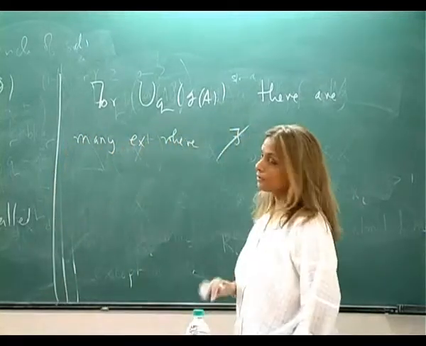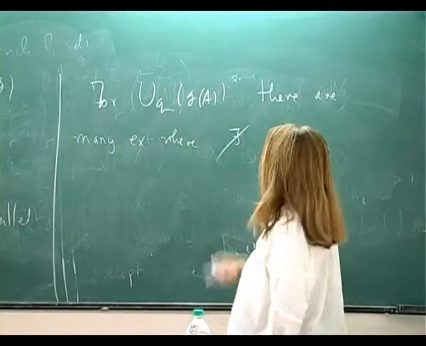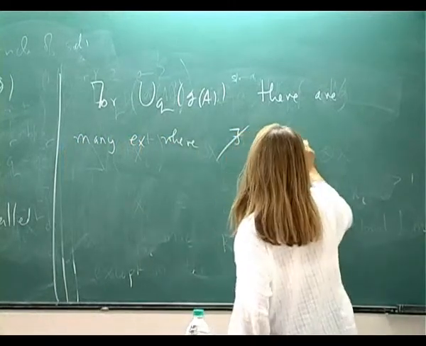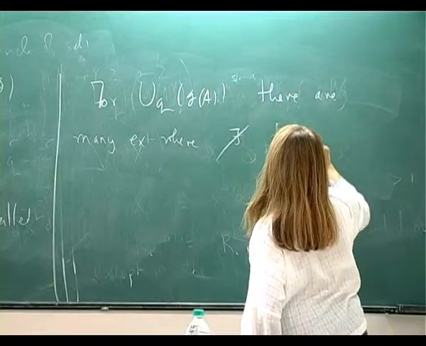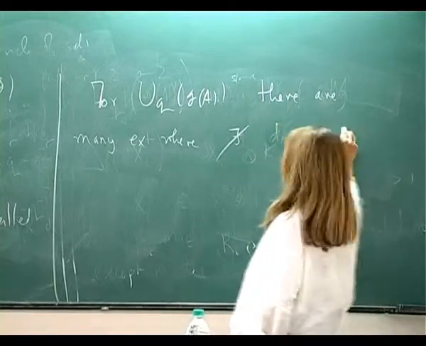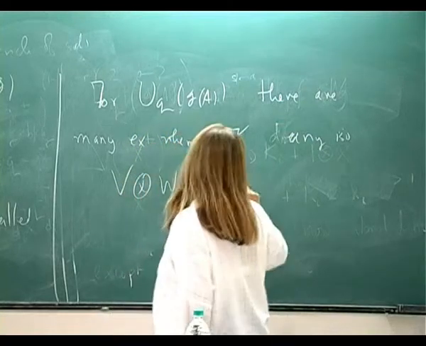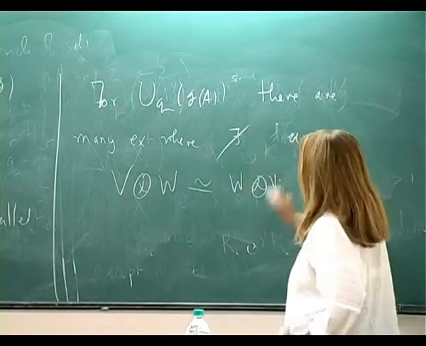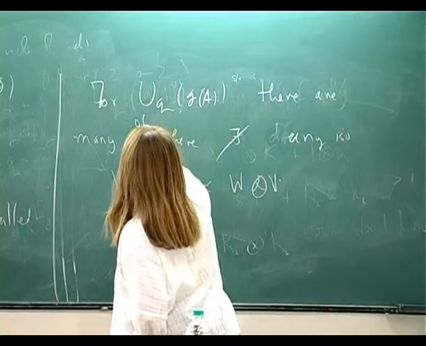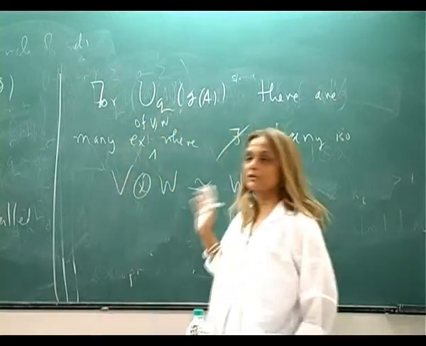It's not that I don't know whether there is an isomorphism; I can prove that there does not exist any isomorphism between them. So there are examples of V and W where you don't have such an isomorphism.